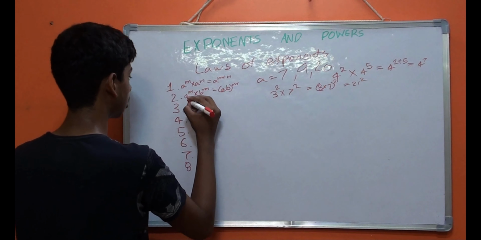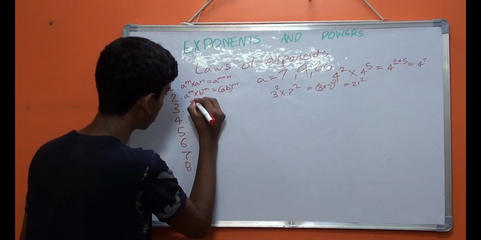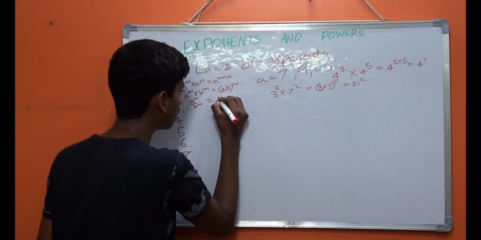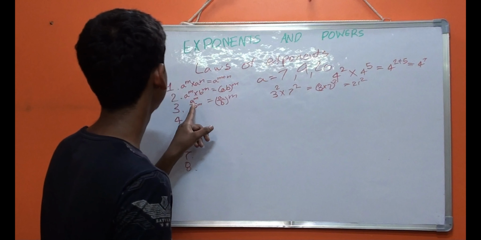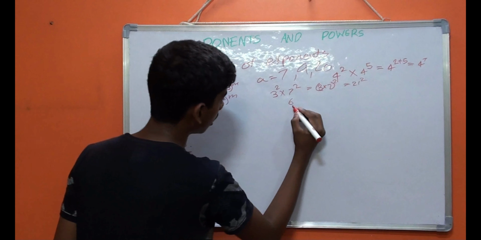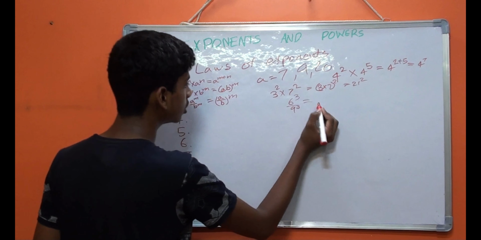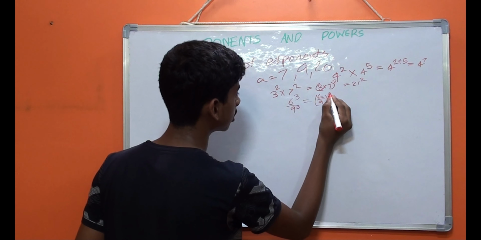Now let's go on to the next one. a by b. So a power m by b power m equals a by b whole power m. Here, let's take a as 6 and b as 9, to the power of 3. Now this equals 6 by 9 whole power 3.